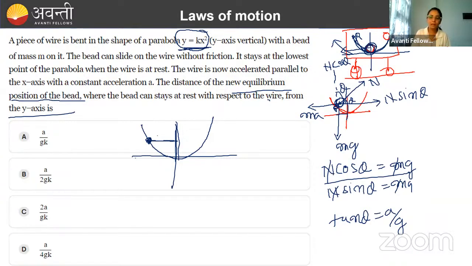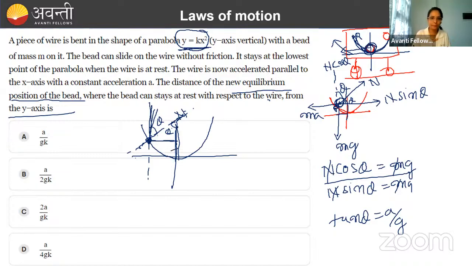So what was theta? Theta was, if you see carefully, I have taken this angle to be theta, and then the normal with the vertically upward direction was making what angle? Theta, vertically opposite angle. Then this was the normal force direction. So N cos theta was equal to mg. So theta is the angle between the perpendicular to the wire at this point and the vertically upward direction.